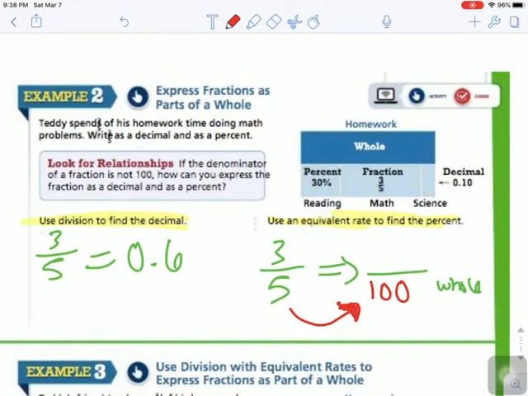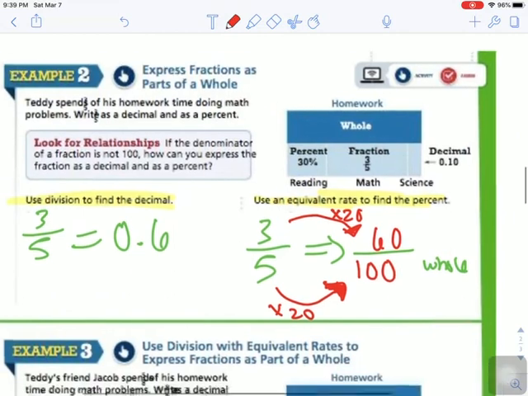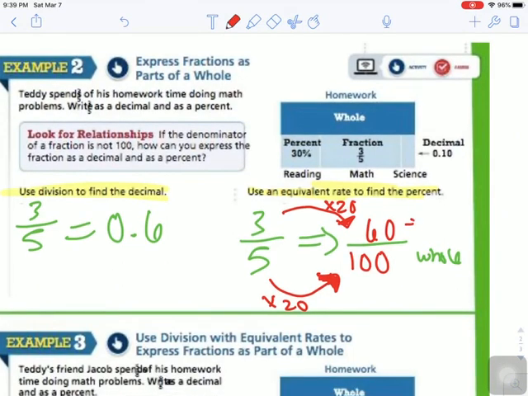What did we do here? So we actually multiply by 20. And remember from our last topic, whatever we do to the bottom, we're going to do to the top. So we're going to multiply by 20 here. So we have 3 times 20, which is 60, which gives us our fraction of 60 over 100, which now we know, since this is our part, we have 60%.